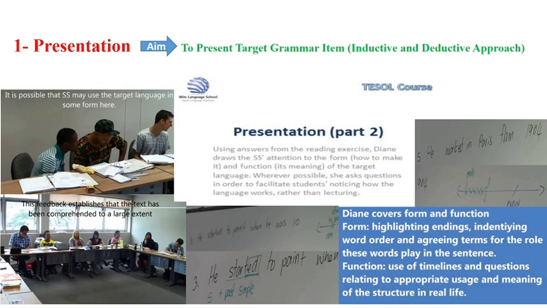In the form, she highlights endings, word order, and agrees on terms for the role these words play in the sentence. In the function, she uses the timeline and questions relating to appropriate usage and meaning of the structure in real life. On the blackboard or the whiteboard, we can see the example.